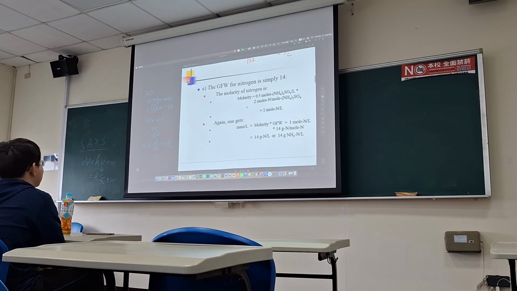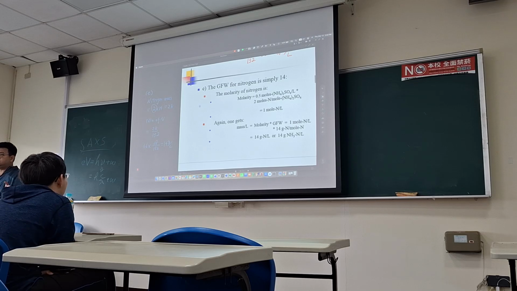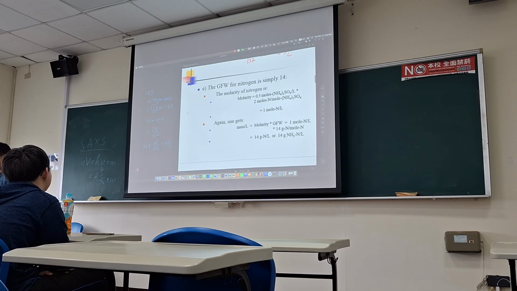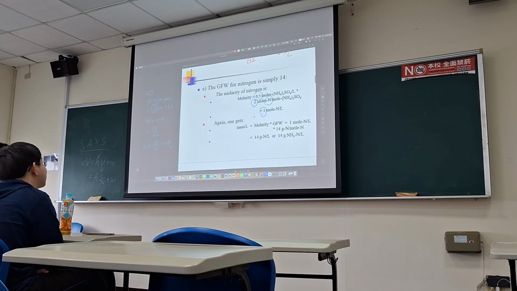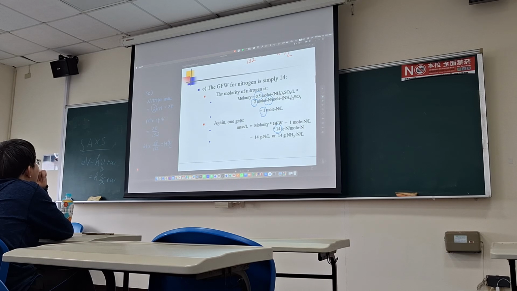Okay, this is another way. You can choose either one. I think this one is easy to understand. So we have 0.5 molar, right? And we have 2 nitrogens. So nitrogen actually occupies 1 mole. Then 1 times 14, the atomic mass of nitrogen, or the so-called GFW. So the answer will be 14.